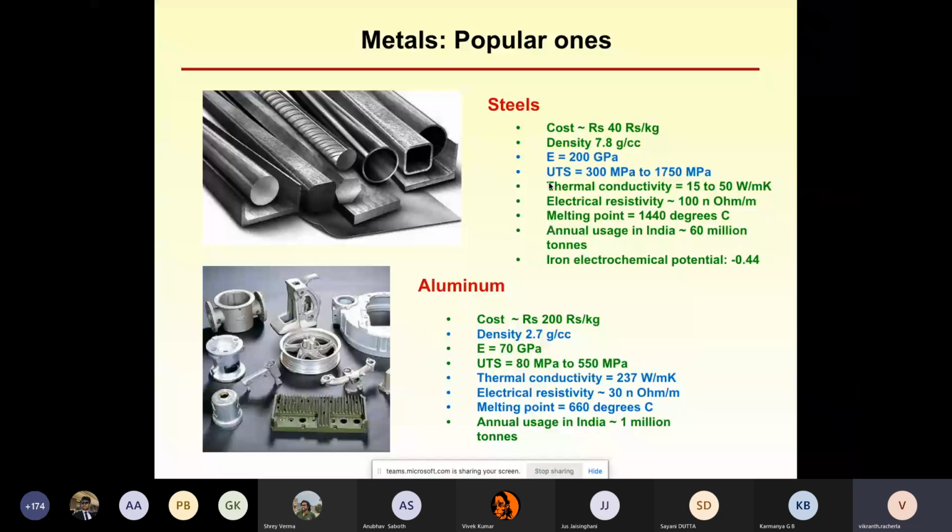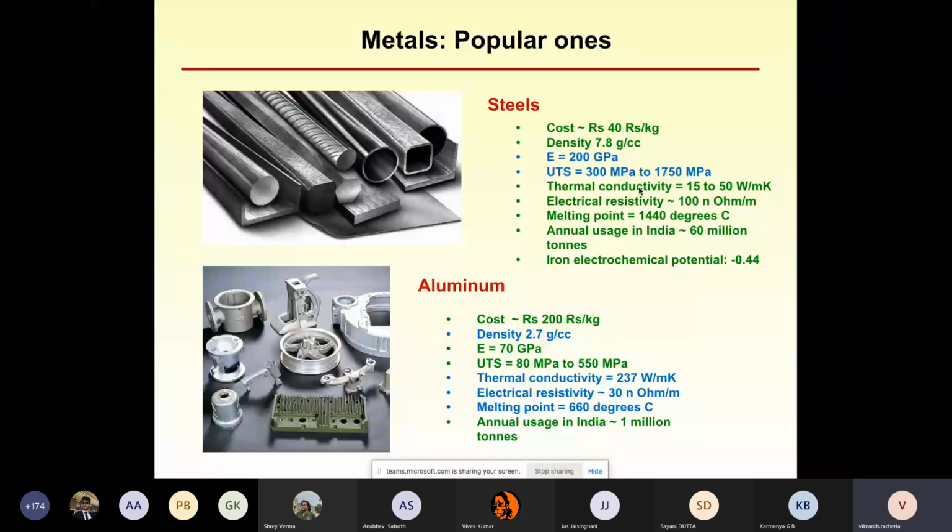I have listed out what are normally of interest. You are typically interested in cost, density, Young's modulus, yield and ultimate tensile strength, thermal conductivity, electrical conductivity, and melting point. In some applications where you are interested in corrosion, electrochemical potential is also of interest.